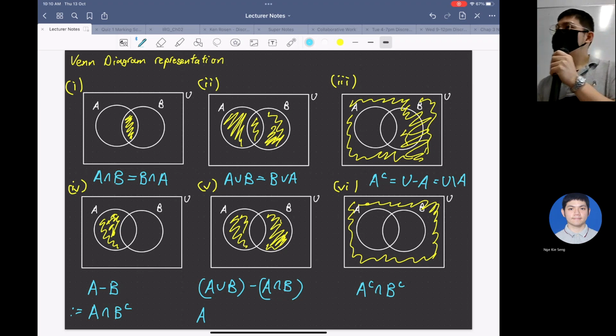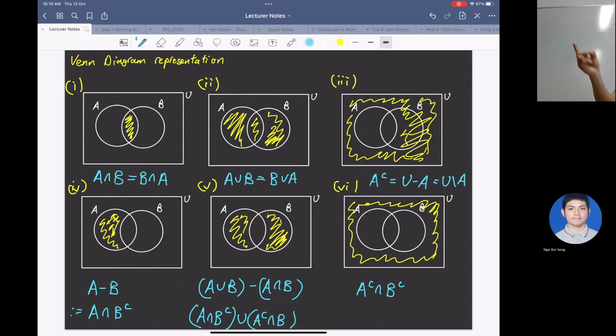A complement intersect... A intersect with B complement.